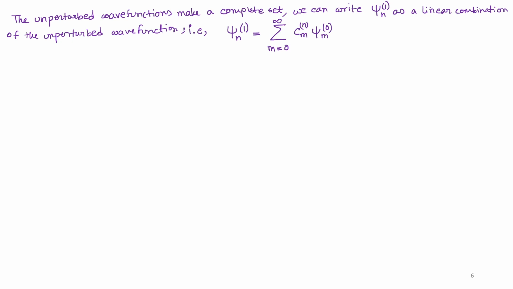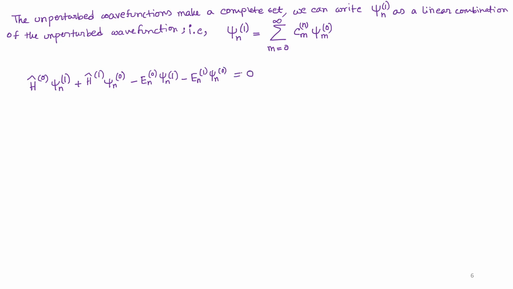Okay. Now we'll write equation 2 again. So what was our equation 2? Equation 2 was H0 psi n1, then H1 psi n0, minus En0 psi n1, minus En1 psi n0.